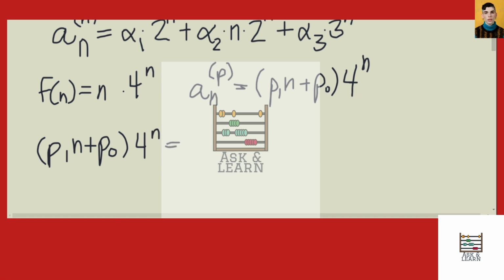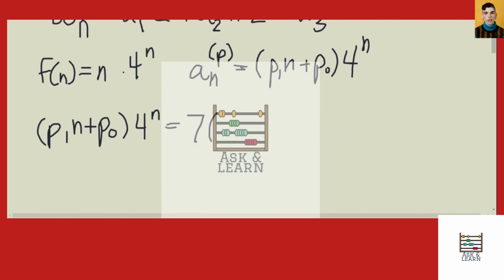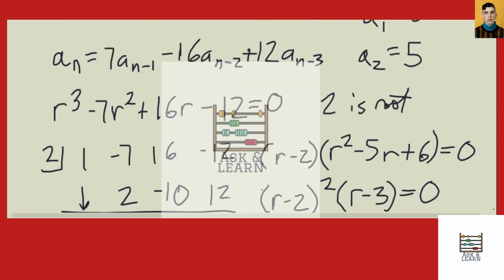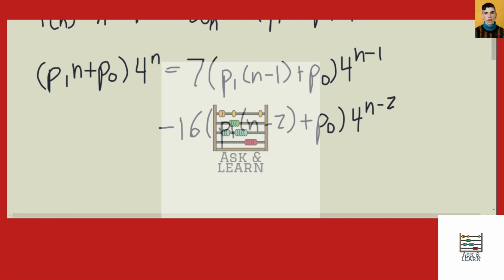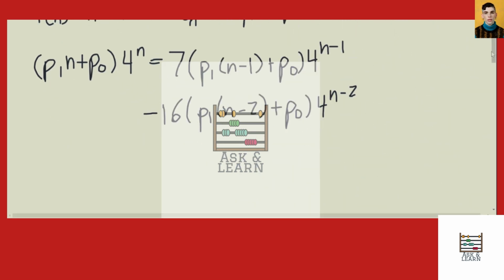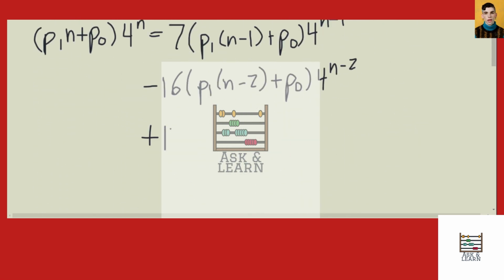On the right-hand side, we have 7a_{n-1}, which is 7 times p_1 times n minus 1 plus p_0 times 4 to the n minus 1, minus 16a_{n-2}, which is minus 16 times p_1 times n minus 2 plus p_0 times 4 to the n minus 2, and plus 12a_{n-3}.